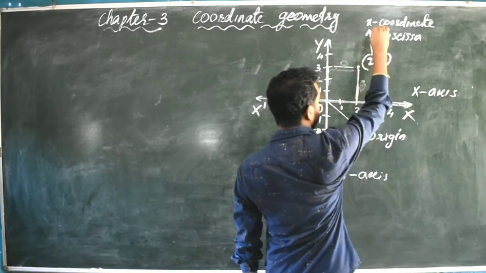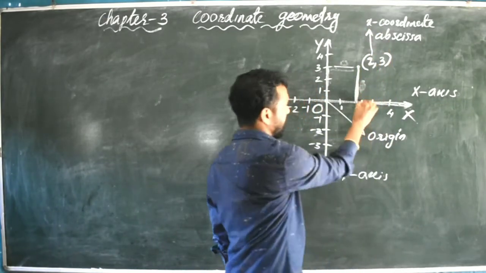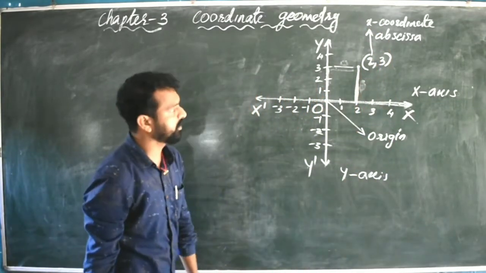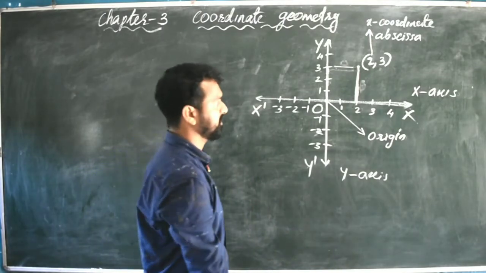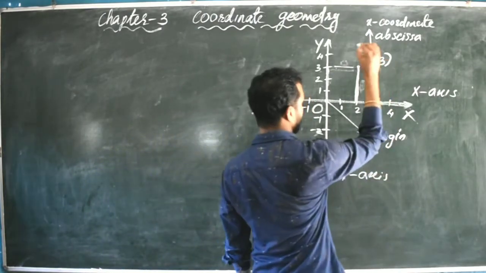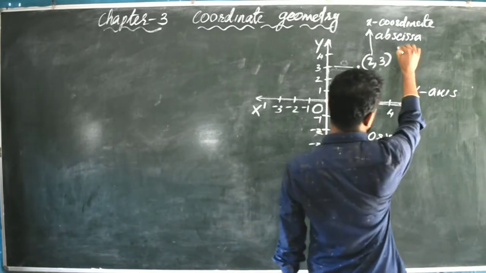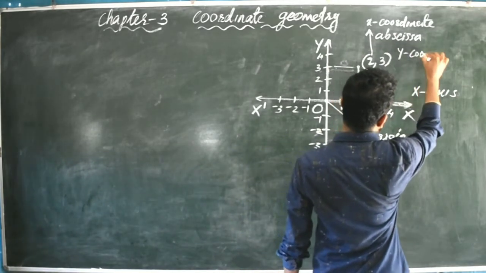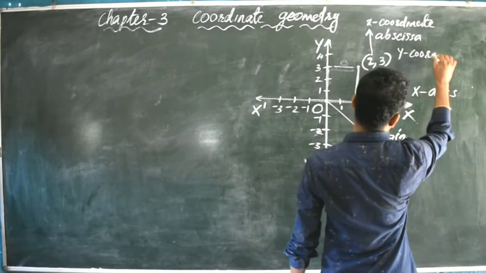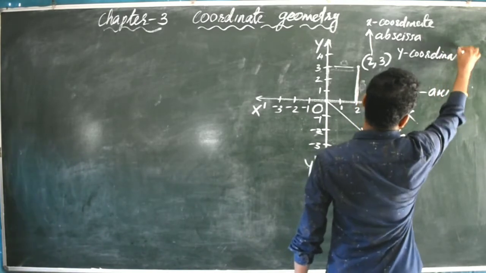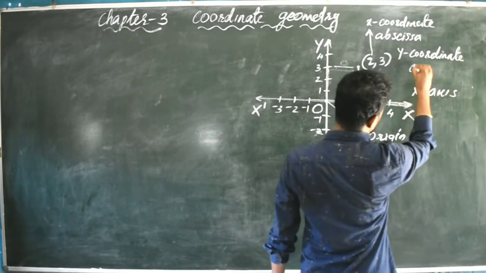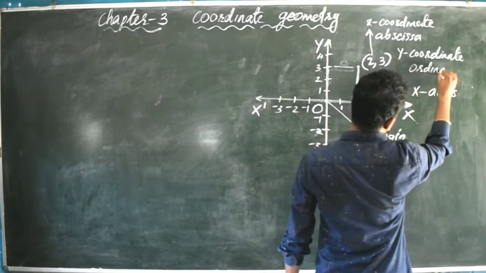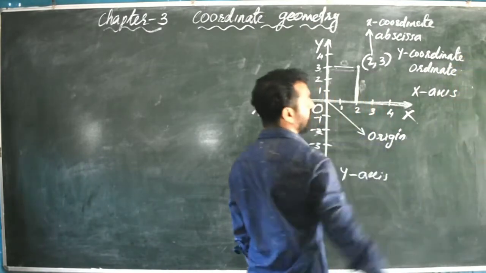This second number we got from the y-axis, that is why it is called the y coordinate, or ordinate.